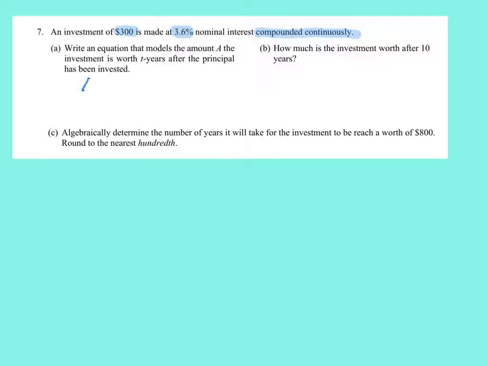Because I'm compounding continuously, I'm going to use A = Pe^(rt), and I'm going to plug in what I have. My initial amount is 300. My e stays the same. My rate is 0.036 times t.